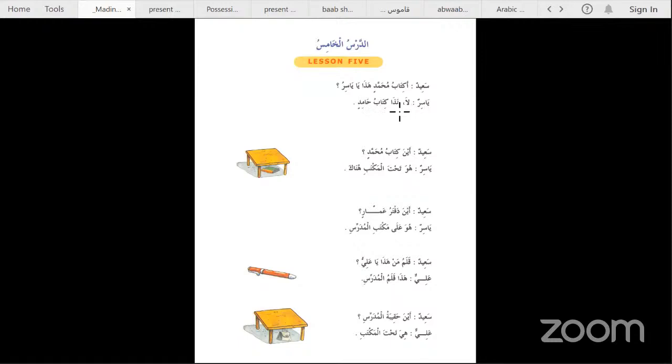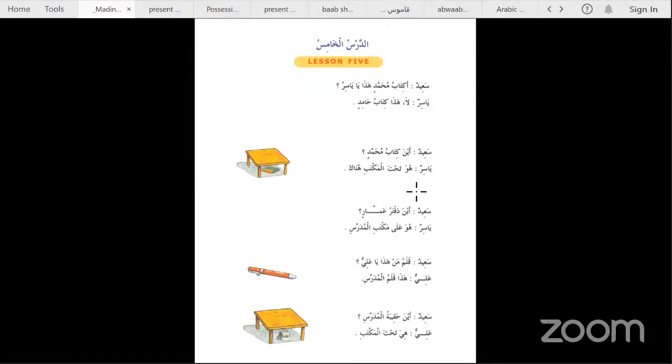Then Sa'id asks, Aina kitabu Muhammadin? Where is Muhammad's book? And also remember, mudaf and mudaf ilayh. Normally, when you translate in English, it has the word of between the two because it's a possession, a house of Muhammad, house of Ali.